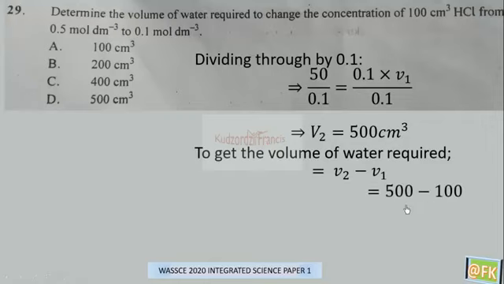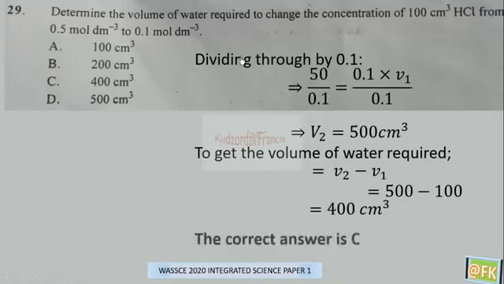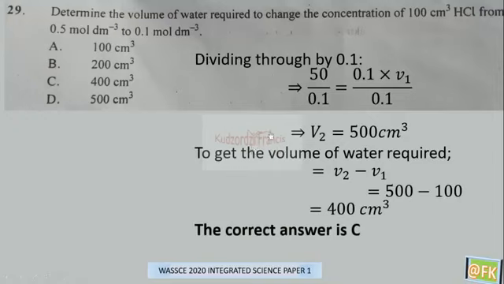So subtract 100 from 500, and that gives us what? 400 centimeters cube. So this is the amount of water added to the initial concentration to dilute it. So the correct answer is C.